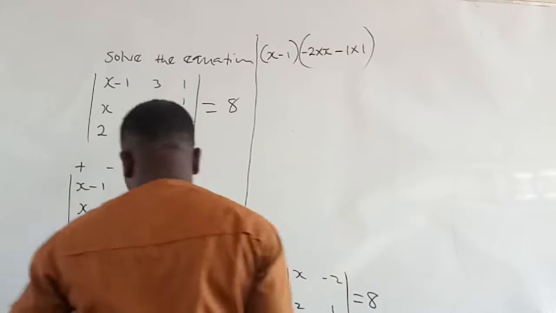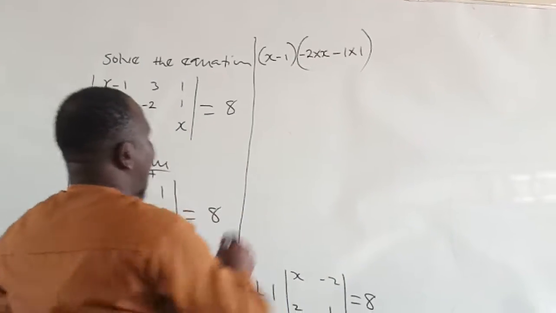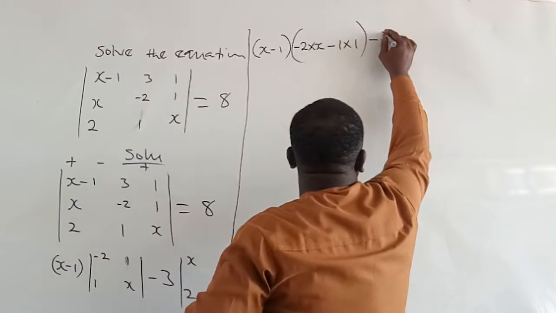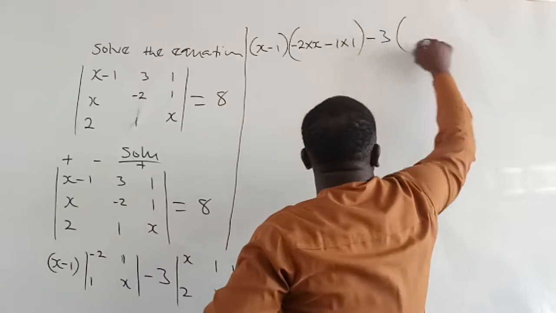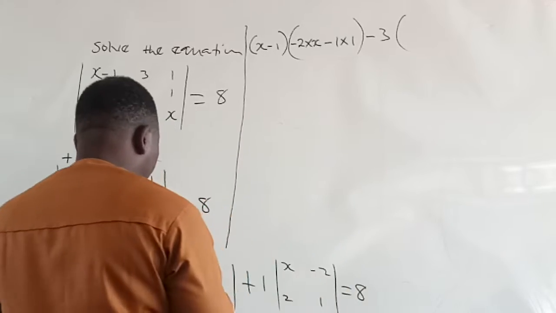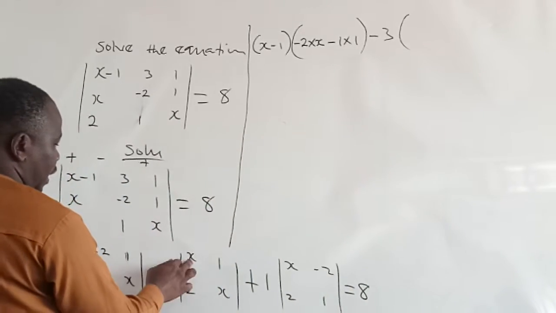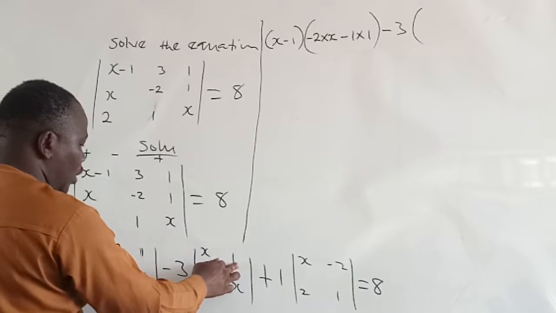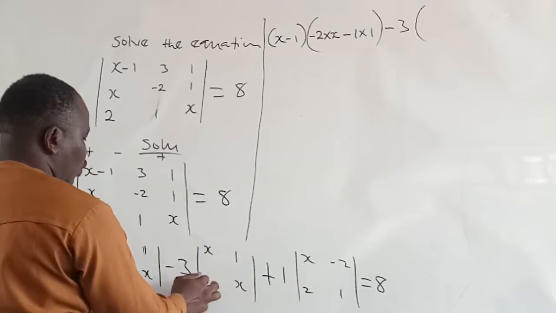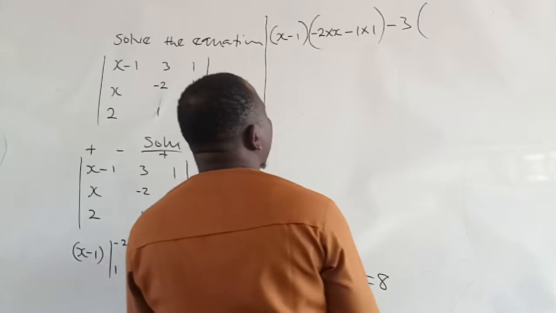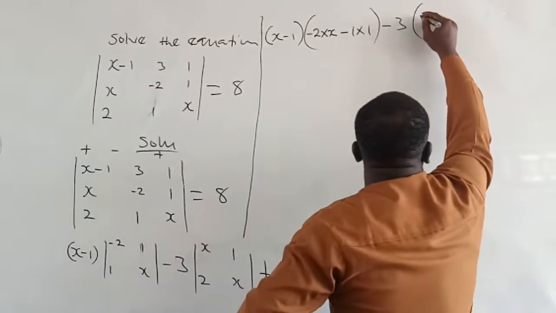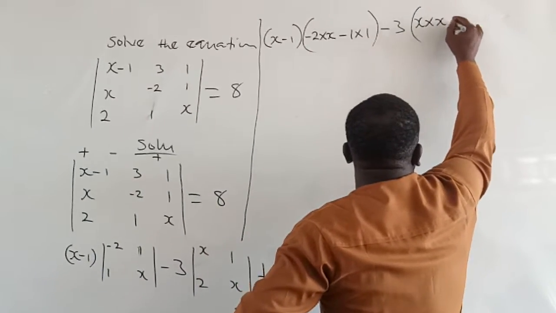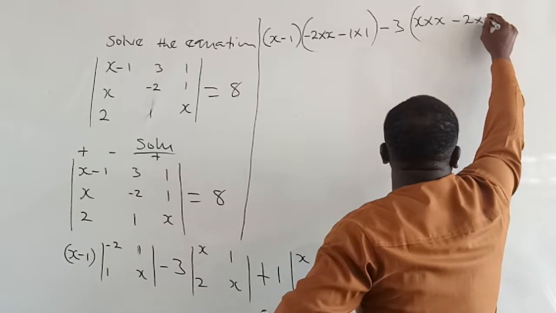Is that clear? Then what we have here, minus 3, all in brackets. The same thing is applicable here. Use this x to multiply this x, minus, use this 1 to multiply 2. Use this 2 to multiply 1, that is x times x minus 2 times 1.